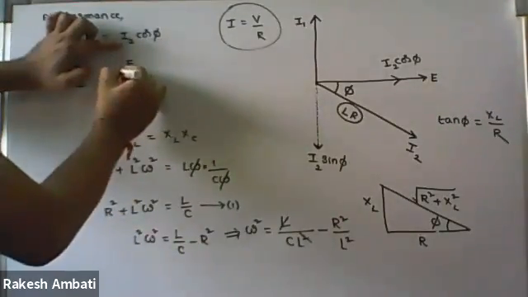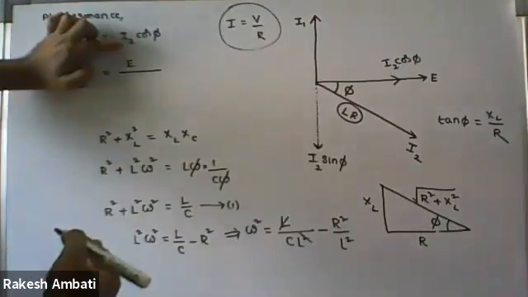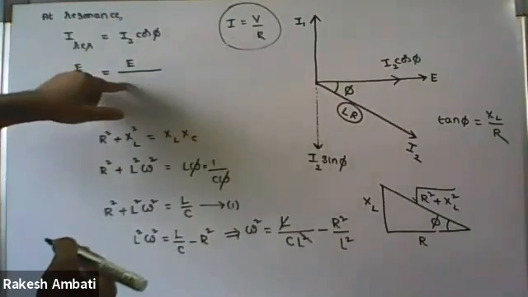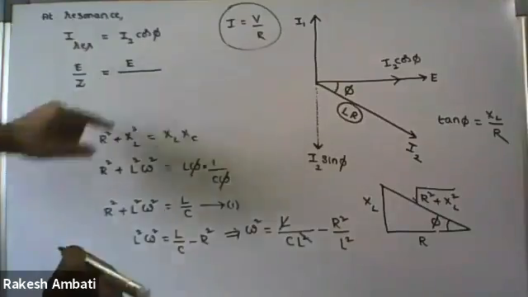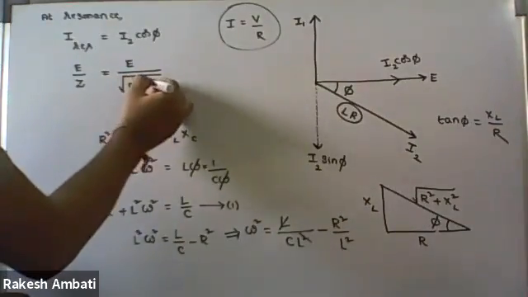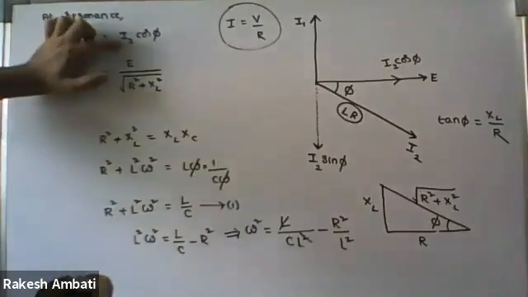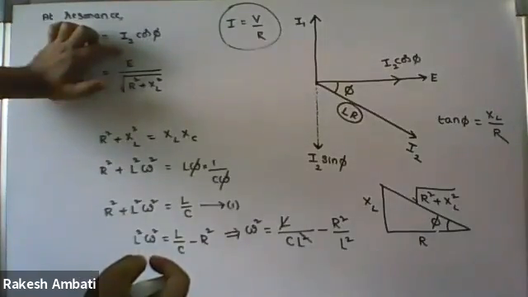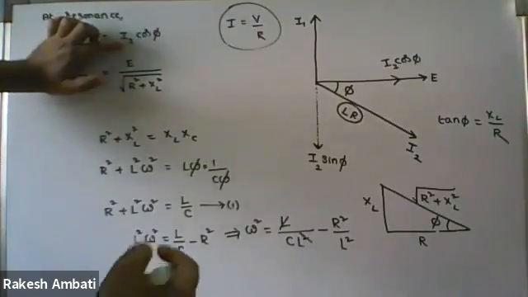How do we find the current passing through the LR circuit? E upon what is the denominator? Root over R square plus XL square. Why? Because I2 is the current passing through the LR circuit.